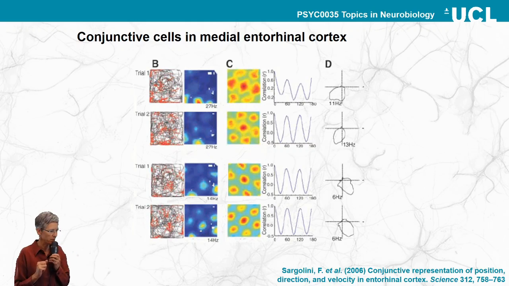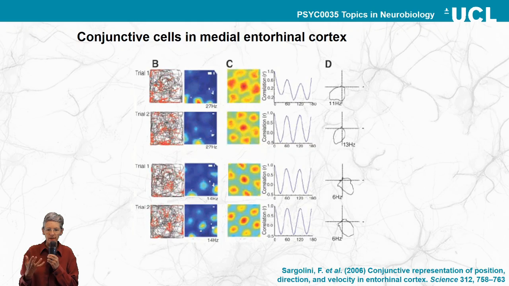So, for example, this paper by Sargolini et al. was the first to show that in the medial entorhinal cortex, where the grid cells are, in the deeper layers, layers 5 and 6, you see cells that look like grid cells, but they only fire when the rat is also facing in a particular direction. So they are conjunctive grid by direction cells.